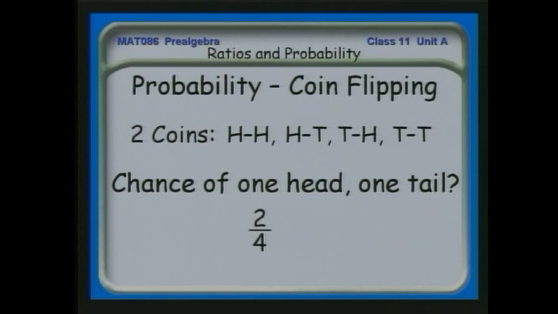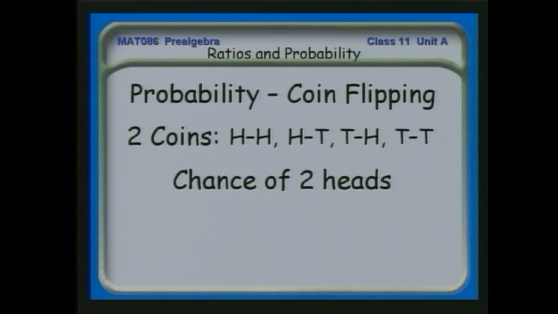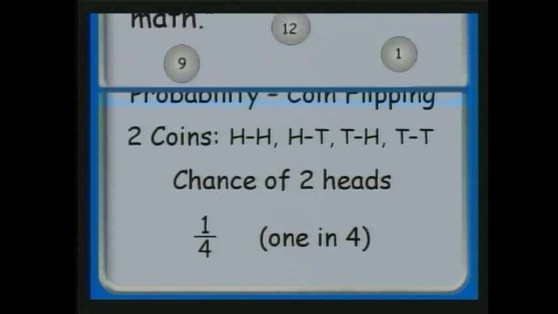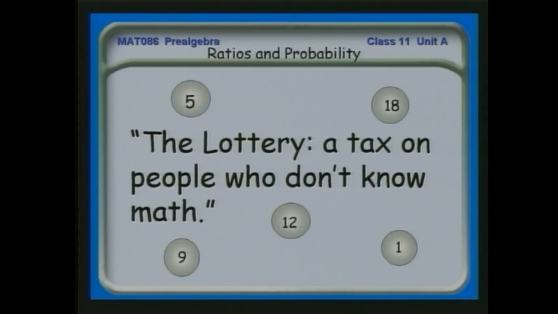I see that there are two distinct possibilities. One coin comes up heads, the other tails, or oppositely. The chances are 1/2 of getting one head and one tail if I flip two coins. What about the chances of getting two heads? I see there are 4 distinct possibilities, so the chances of getting two heads are 1 in 4. I say that there's a 1 in 4 chance.